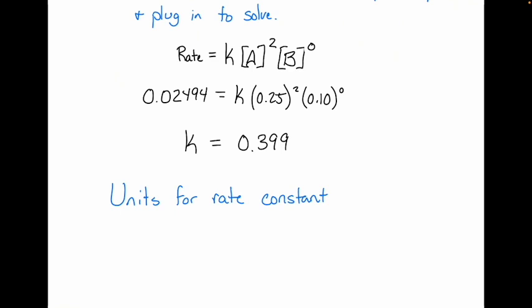What makes rate constants kind of a pain in the butt is that the units for K depend on the overall order of a reaction. Reactions that have different orders will have different units for K. We can't just say K is always this set of units. It's going to depend on the order of that reaction.